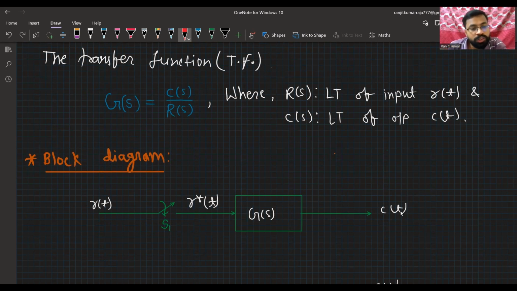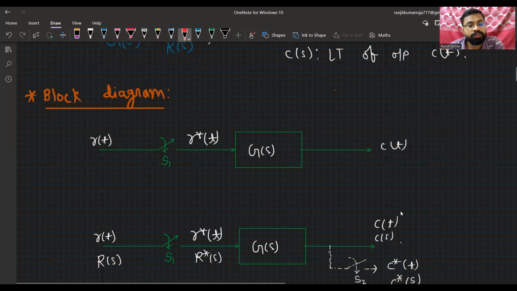So this is the input R of t. Here we apply a sampler. After sampling, the input signal will be converted into a discrete signal, and we denote it as R star of t. After that this signal is sent to G of S, which is nothing but the plant, and then we get some response.